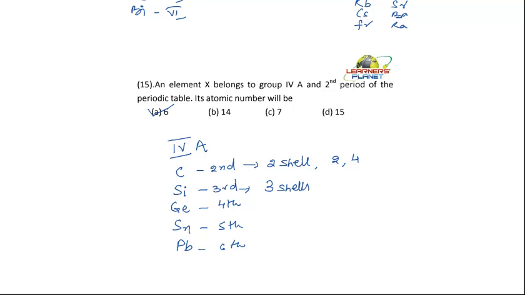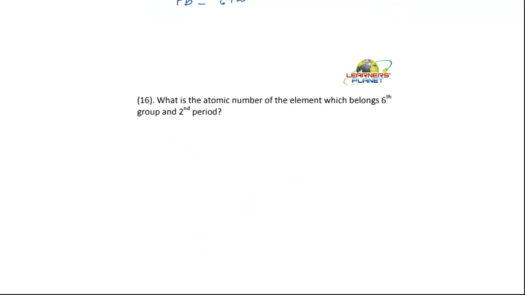Likewise, silicon is present in third period. How many shells? 3 shells. How many electrons in the valence shell? 4. So 4 is 6. Put 8 in between. So 2, 8, 4. In such a way, you can find out the atomic number. Right? And of course, students, the properties are also similar along the group.